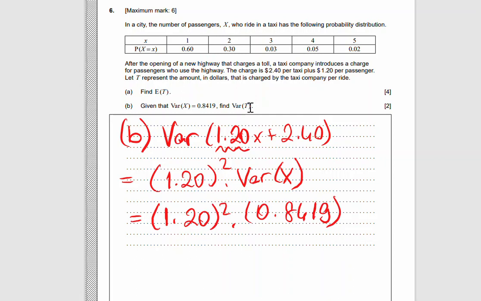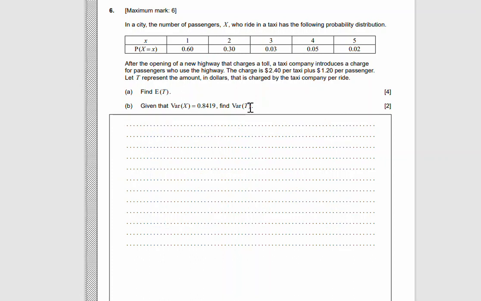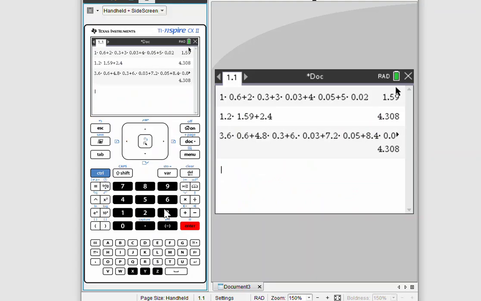Let's show it on the TI. Into the parentheses, I will write 1.20 squared. Then we say times variance of x, which represents 0.8419.